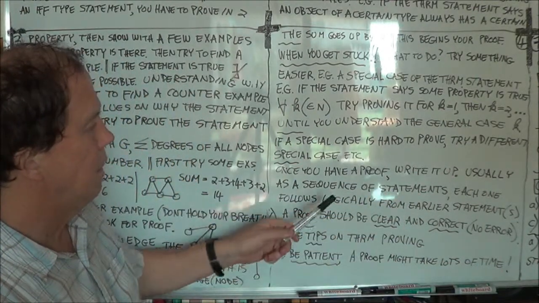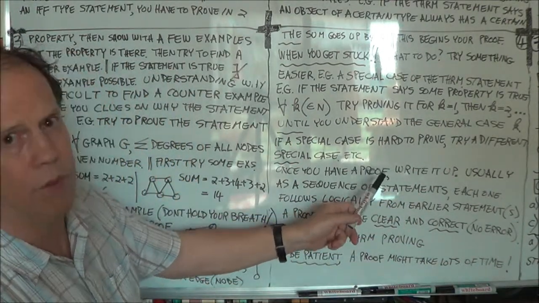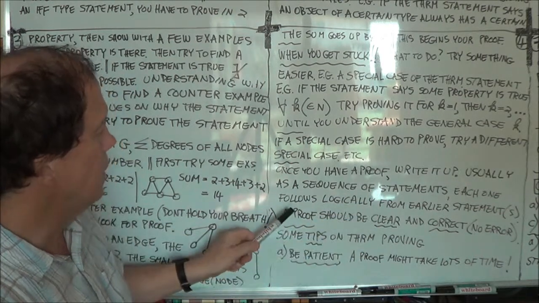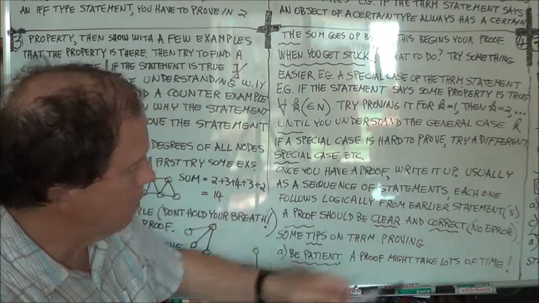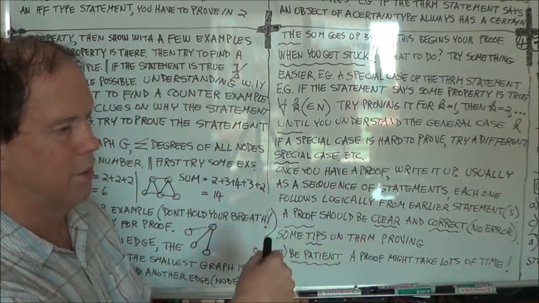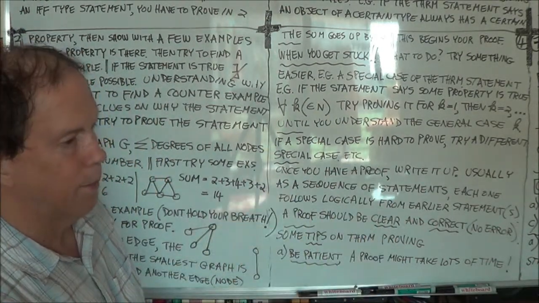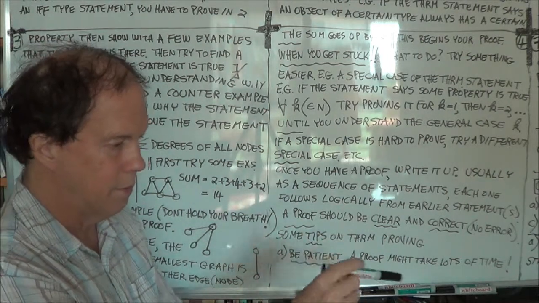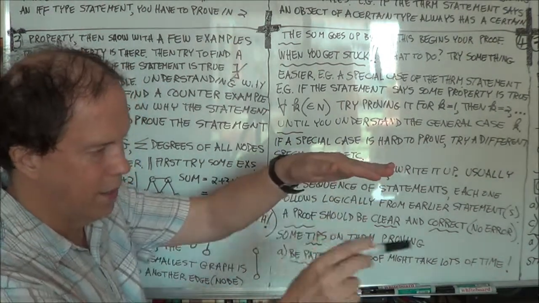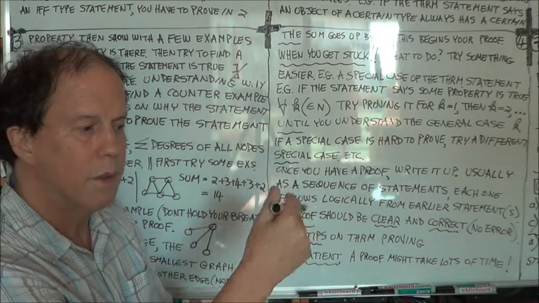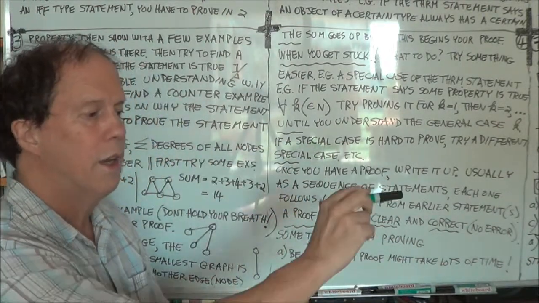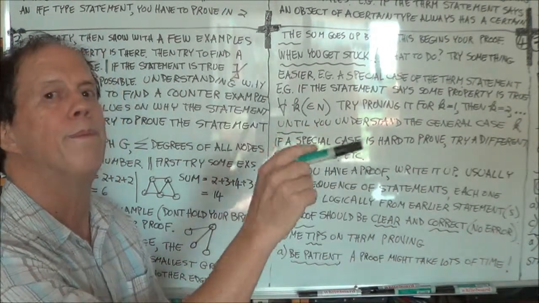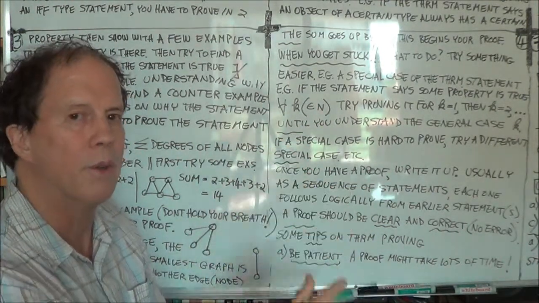Okay, and what does a typical proof look like in pure math? Well, usually it's a sequence of statements: 1, 2, 3, and usually a statement in that set will be a logical deduction from statements earlier in the proof.